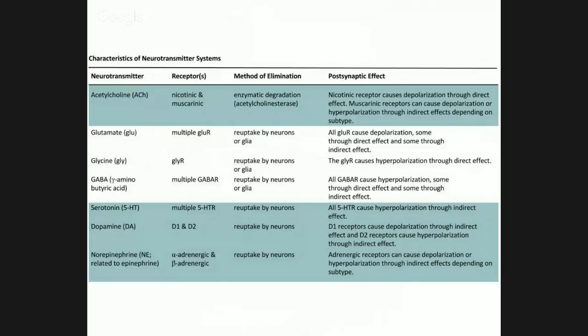Now, acetylcholine binds to two different types of receptors, what are called nicotinic receptors or muscarinic receptors. The names that we have for these receptors are based on drugs that bind to them. The idea behind drugs, as far as we're concerned, is that they're tools that can be used in the laboratory.